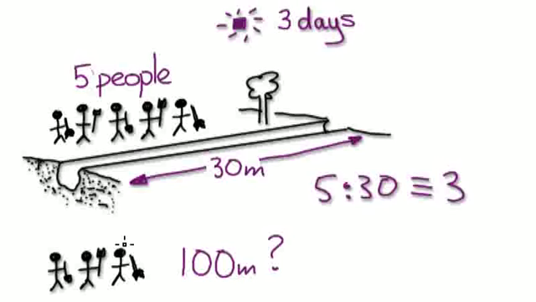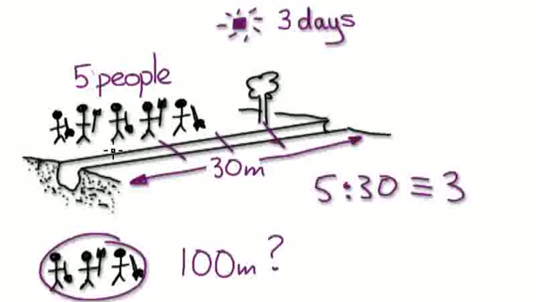Now, in this case, because we want 3 people, I'm going to somehow try and get to the 3 people. But first, I'm going to get to one person first. Yeah, it's just a technique. You get to one person, and then from one person, then you get to 3 people. So let's use reasoning now. So this here is 30 meters. Now 5 people. Well, let's divide this 30 into 5 equal pieces.